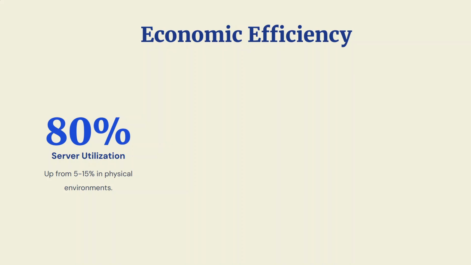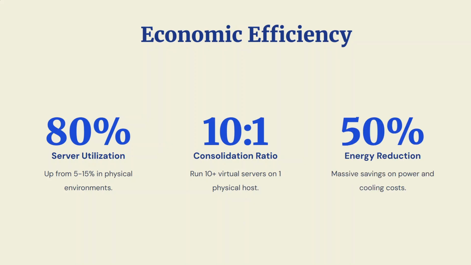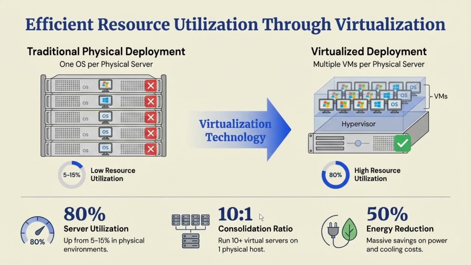Thanks to virtualization, that usage has gone up to 80%, significantly reducing idling and wastage. Earlier, a single server would only run one system. Now, because of virtual machines, one server can run up to 10 systems simultaneously. And since we are now able to group systems together on a single server, power and cooling costs went down by almost 50%. Let's take a look.